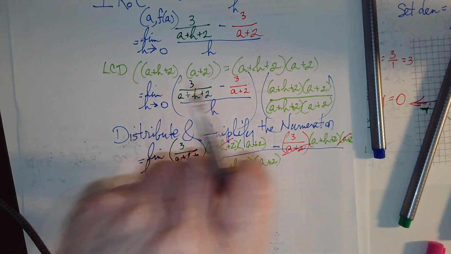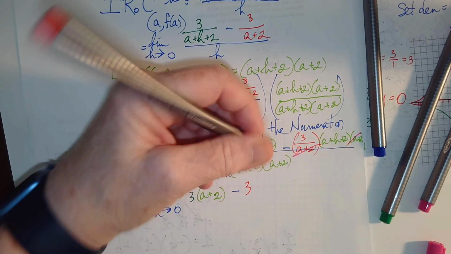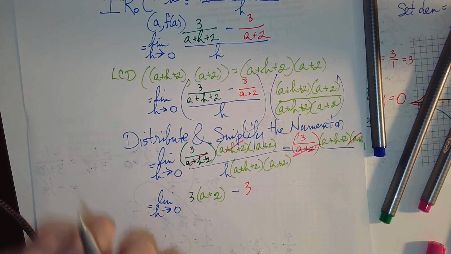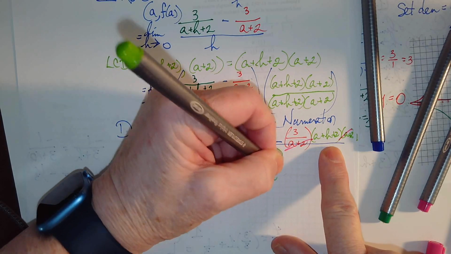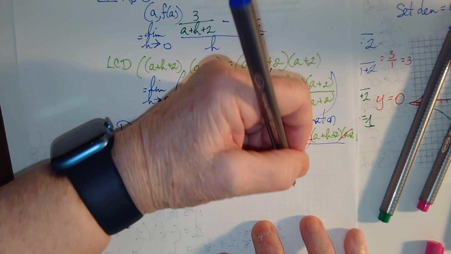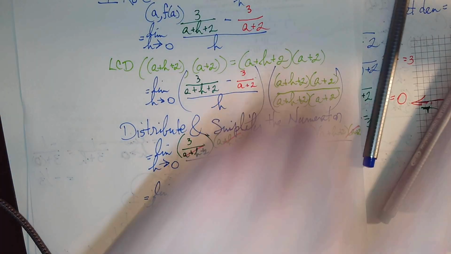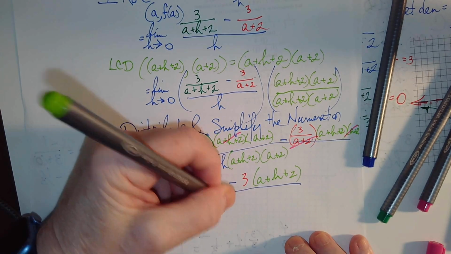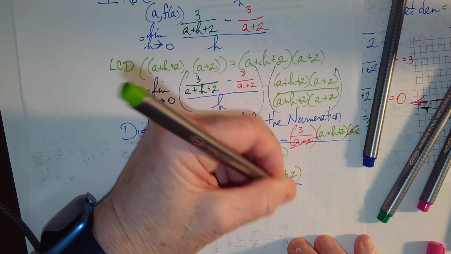We're left with 3 times a plus h plus 2. And the denominator is the big mess, but it's okay. We don't care. We're happy about it: h times a plus h plus 2 and a plus 2.